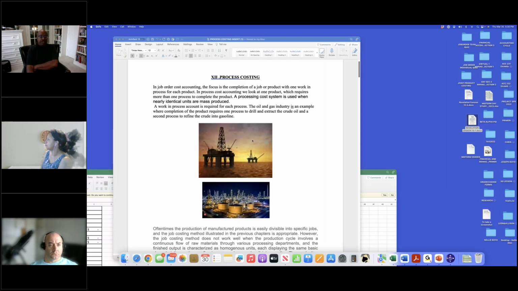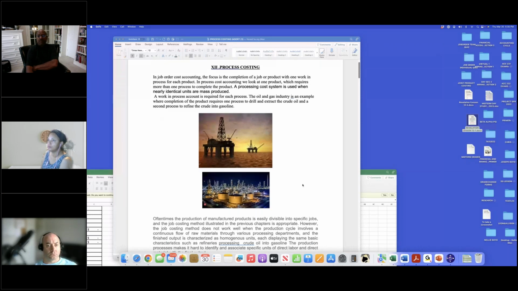And then it's brought to Houston, Galveston, Louisiana, other locations along the coast, and it's refined into gasoline. So there's two processes. One process in the Gulf, and those costs need to be reviewed, looked at and controlled. And then a second process on the mainland. So one product, but two processes.